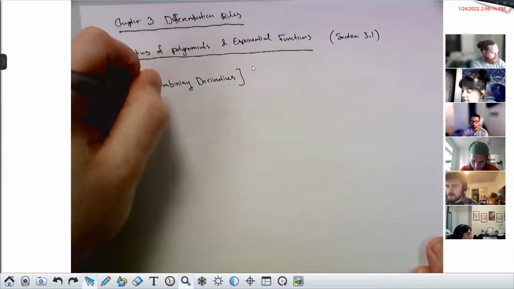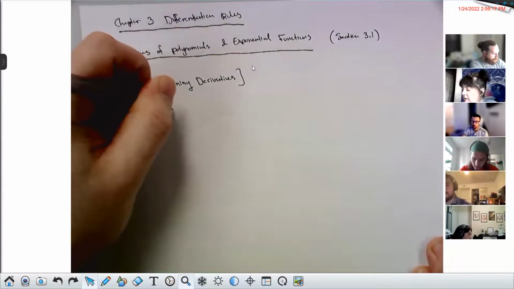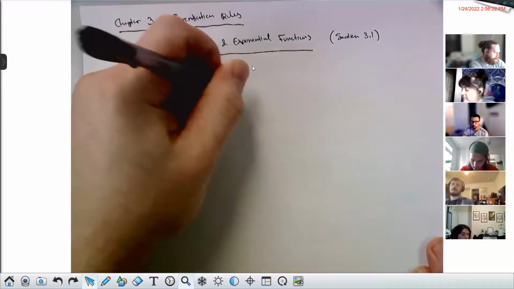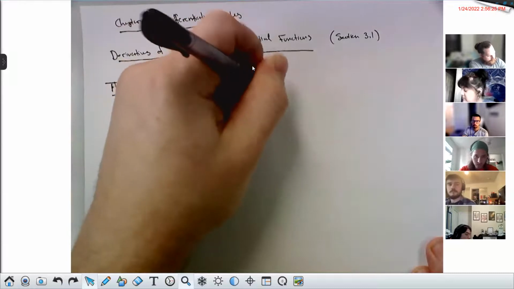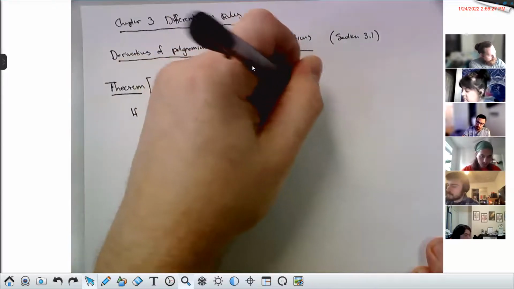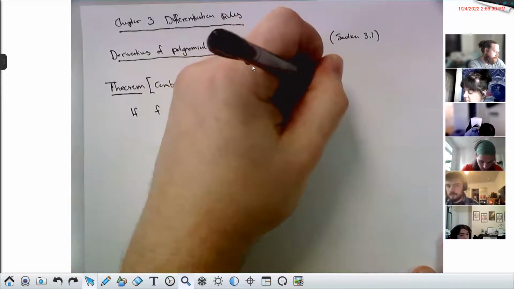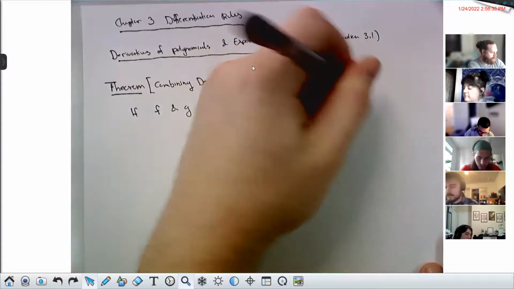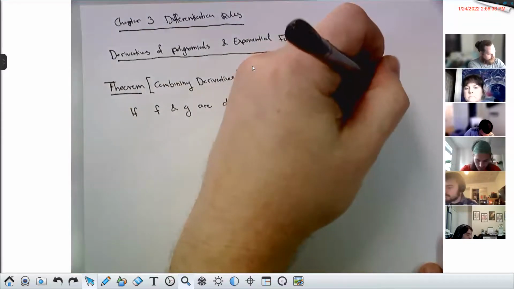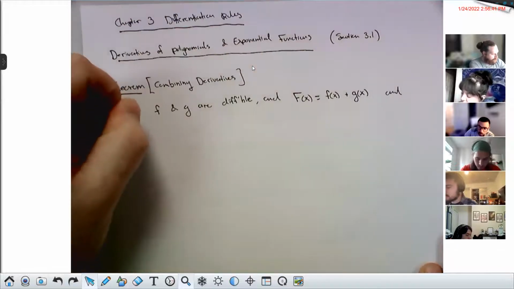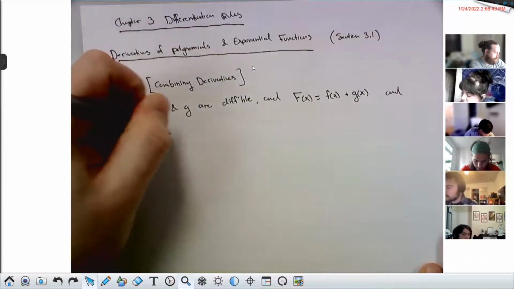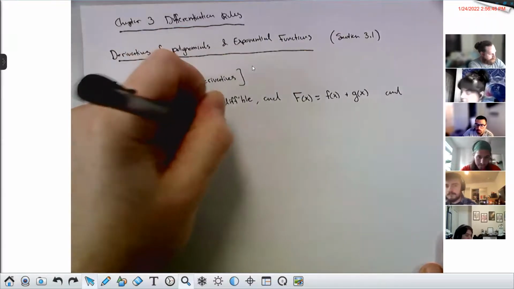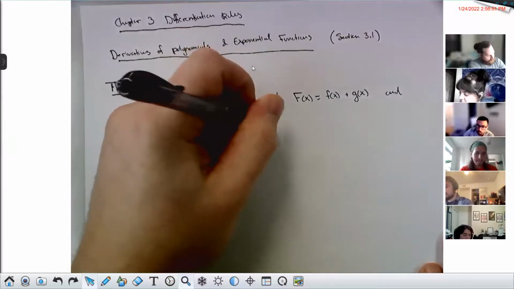If little f and little g are differentiable, and I define two new functions, capital F of x is little f of x plus little g of x, and capital G I'll call c times little f of x, where c is a constant.